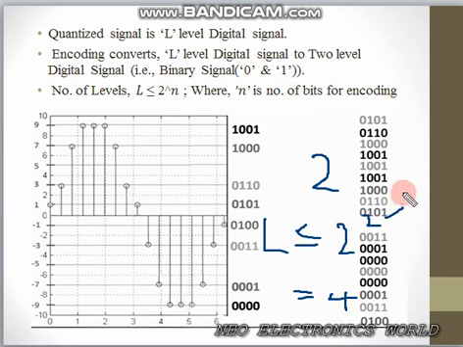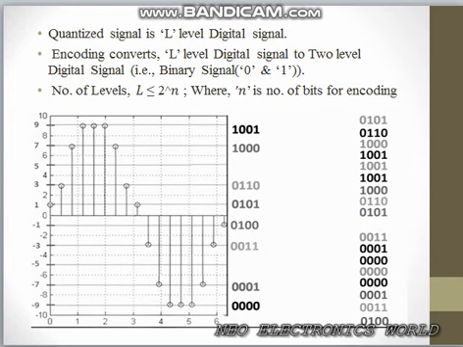This is the bits and this is the representation of levels. Okay, am I clear? This is a formula.